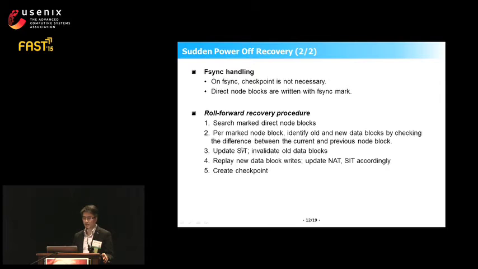Then we update the metadata of F2FS accordingly, and we finally replay the new data block writes. If all those are done, we create a checkpoint. So checkpoint is avoided in Fsync handling, which gives higher performance in benchmarks.